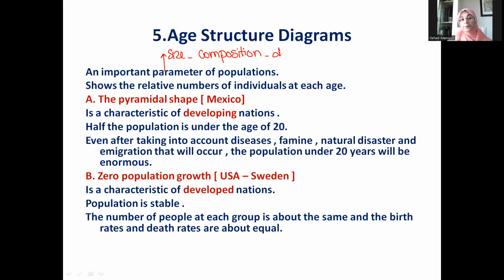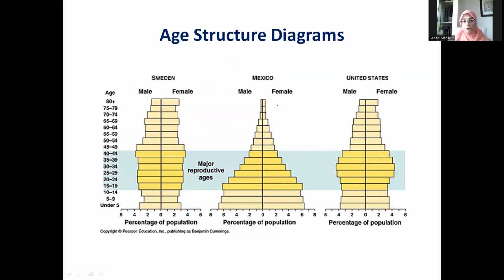It also represents the death and survival rates. So these are some of the parameters of the population, and they show the relative numbers of individuals at each age group.